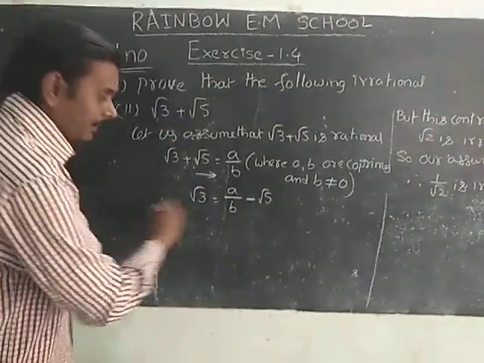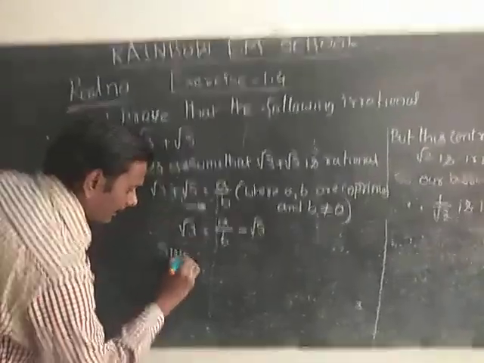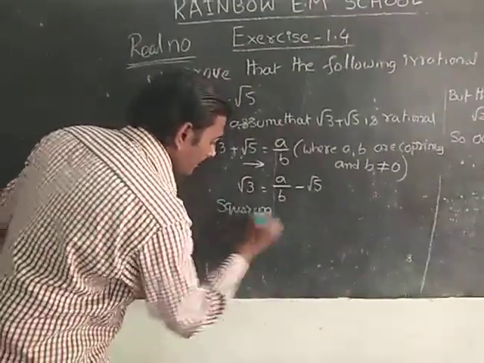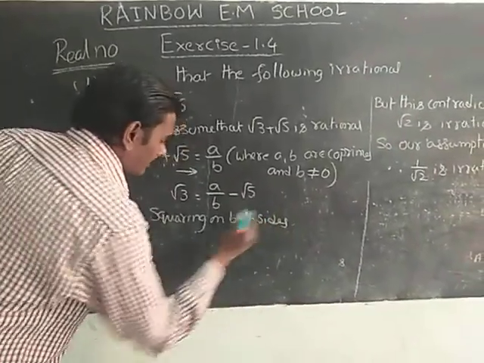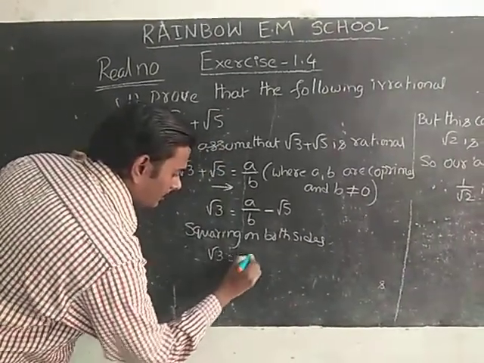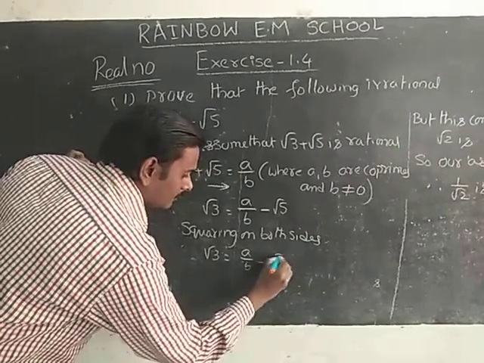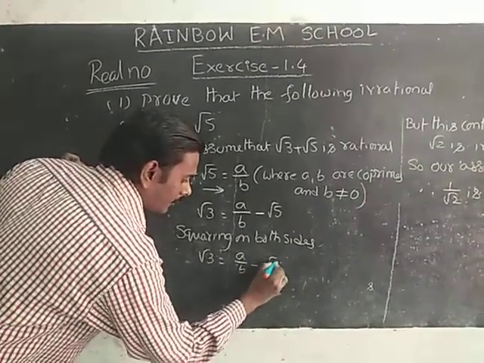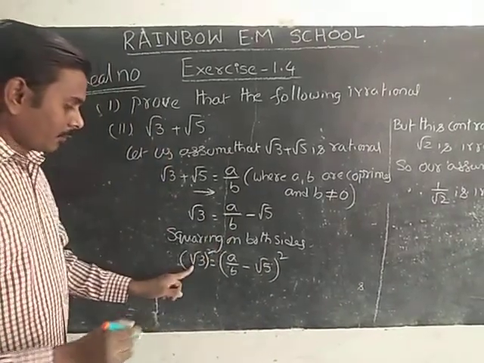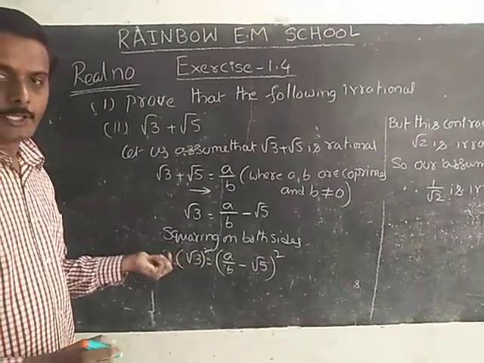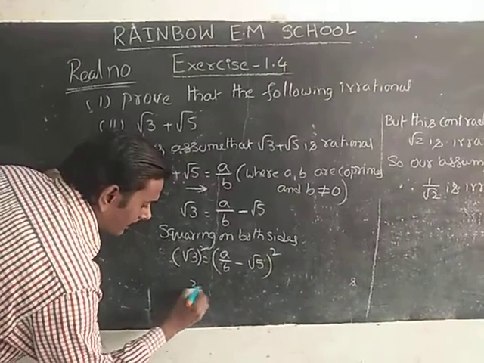Now squaring on both sides. Root 3 equal to a by b minus root 5, both sides we square. Root 3 square means root 3 into root 3, which is 3 only.